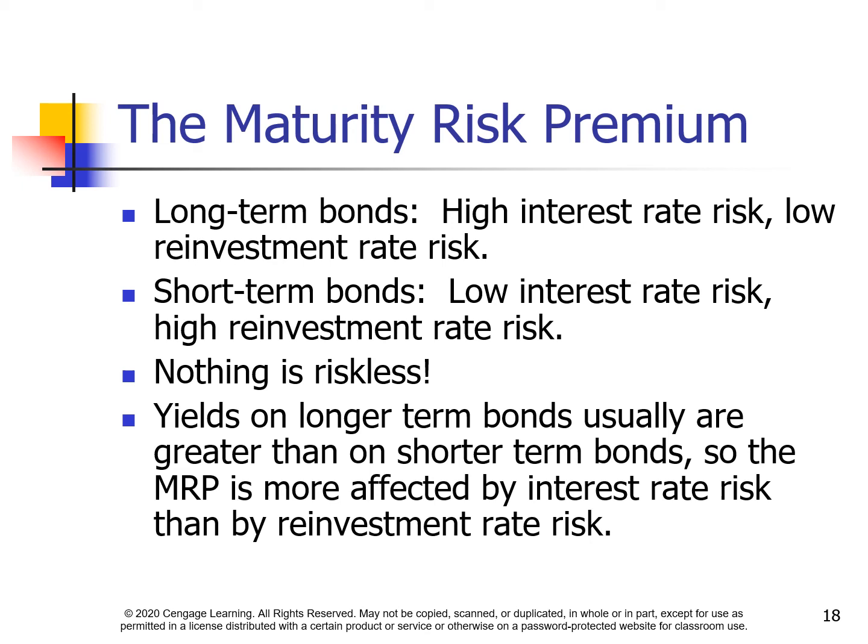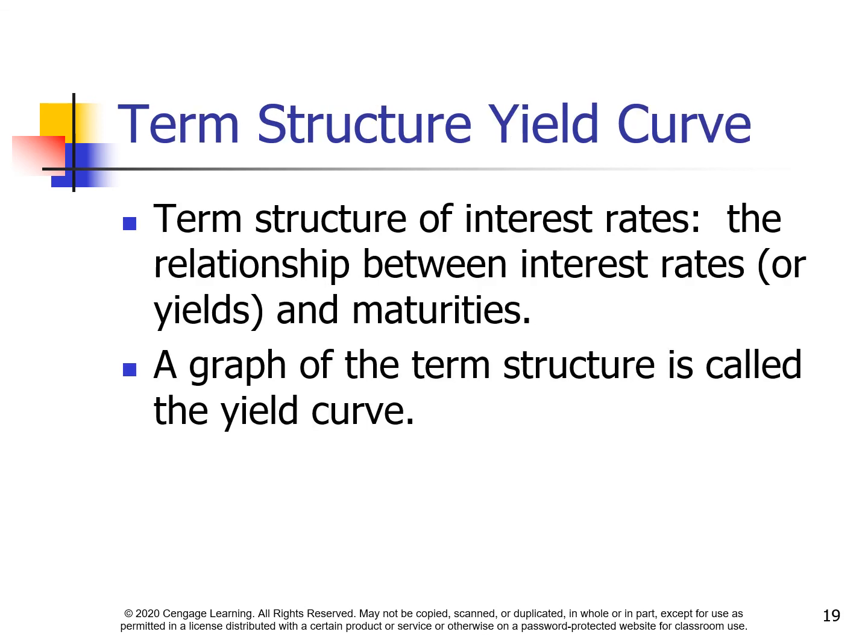Yields on long-term bonds usually are greater than on short-term bonds, so the maturity risk premium is more affected by interest rate risk than by reinvestment rate risk. Term structure and yield curve.